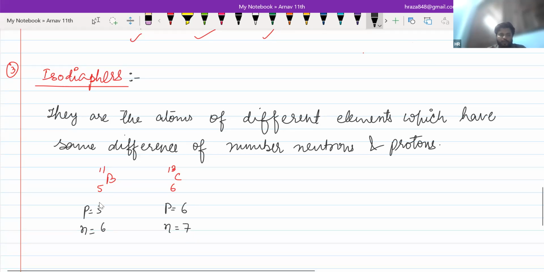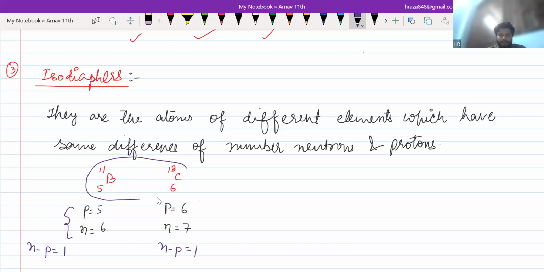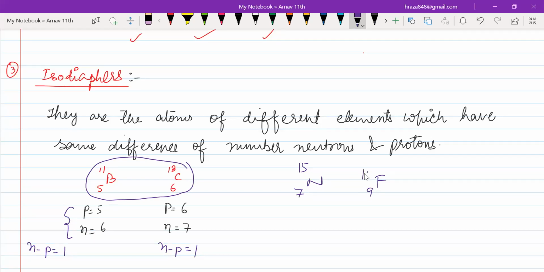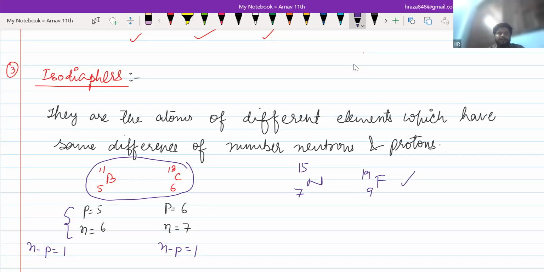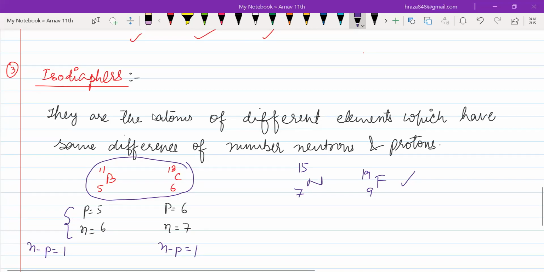So if you take the difference N minus P, it will be equal to 1, and here N minus P will also be equal to 1. That means both are isodiaphers. Is that clear? Yes, sir. Can you prove that these are isodiaphers? Please write it and prove it.